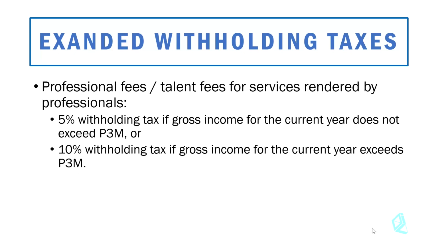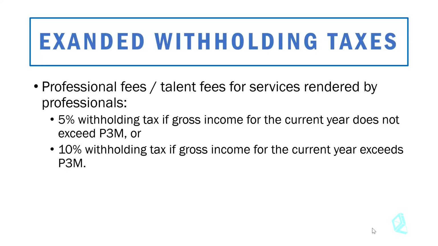Particularly, I'll talk about two very common withholding taxes to very common payees. In this case, you have here professional fees. So if you're paying an independent professional or maybe an actor, an artist, a band, and you use their services, so you have to withhold either 5% or 10%.